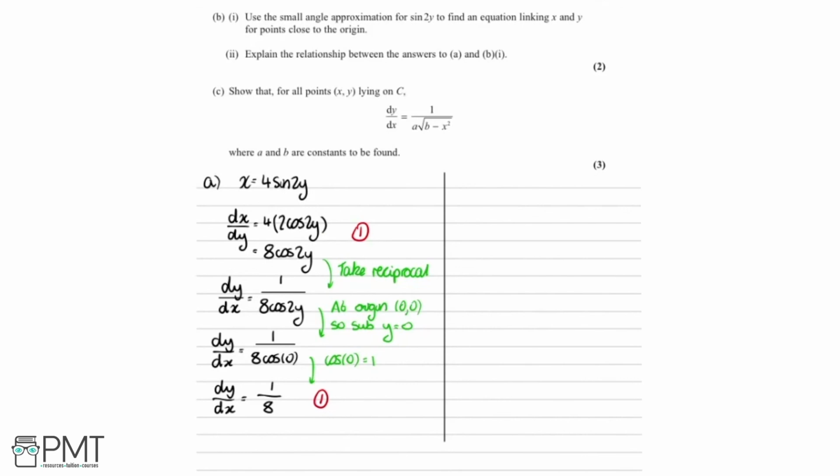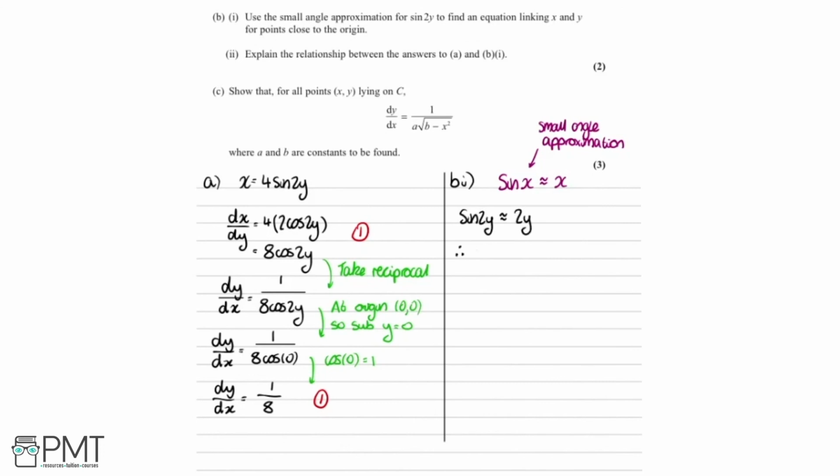So part B1 says, use the small angle approximation for sine 2y to find an equation linking x and y for points close to the origin. Okay, well, our small angle approximation is that sine x for small values of x is approximately equal to just x. So it follows that sine 2y for small values of y would approximately be 2y.